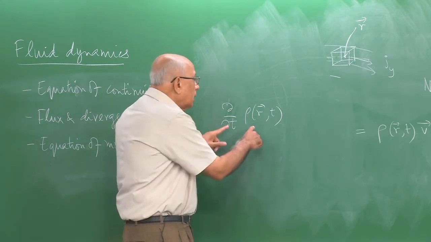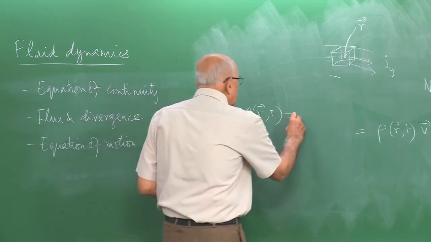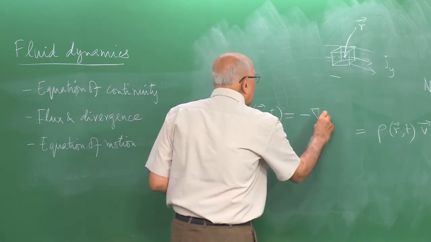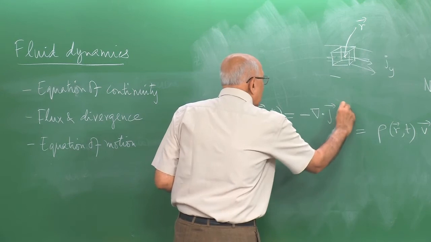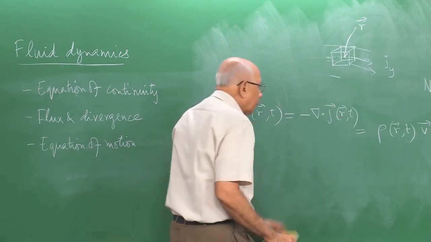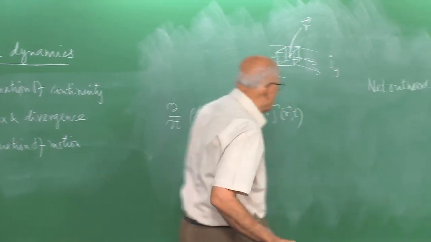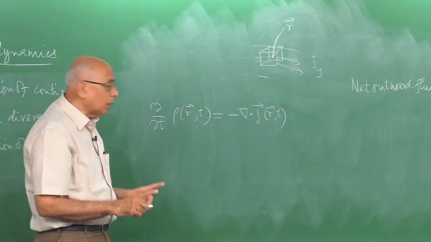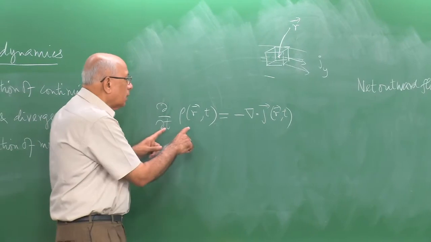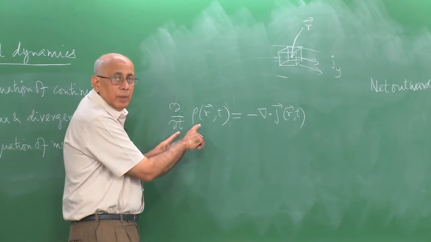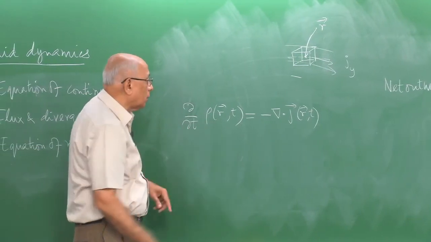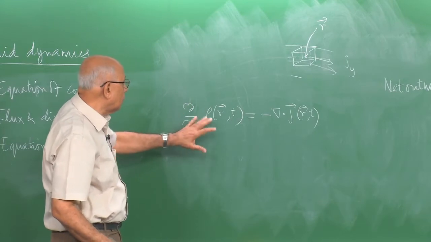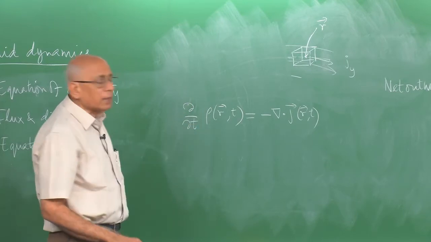In any case, this is what is going to balance minus del dot J of r comma t, because this with a minus sign is the inward flux per unit volume, and this is a rate of change per unit volume, rate of change of the mass per unit volume at the point r at time t.